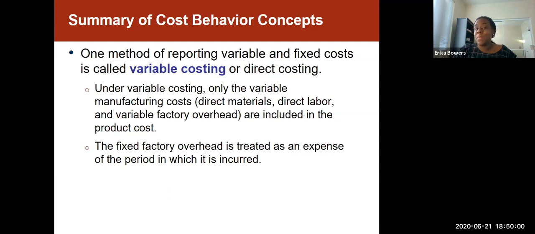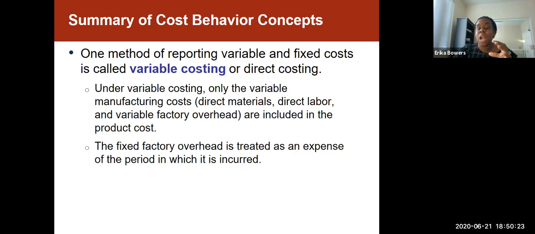We didn't label it as that, but it is called absorption costing. That is when we learned our multiple step income statement. Our multiple step income statement was sales minus cost of merchandise sold gives us gross profit, less operating expenses gives us net income.